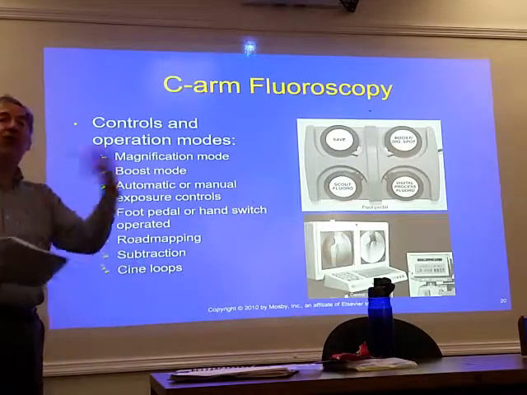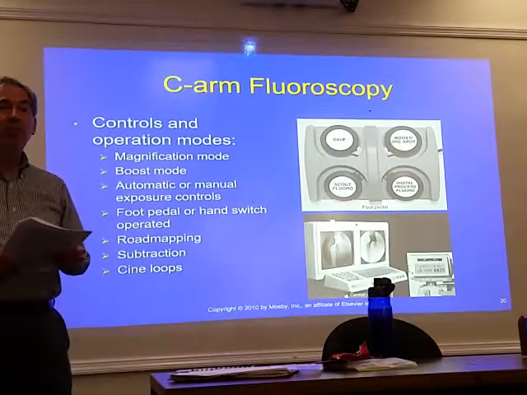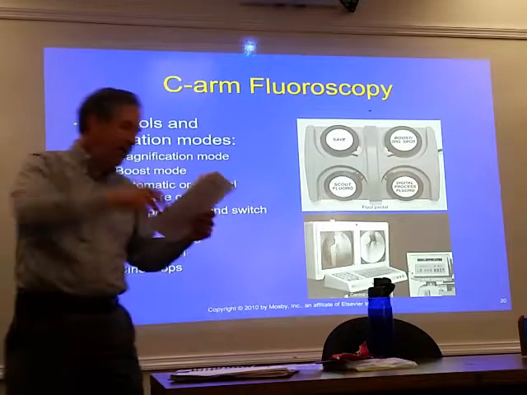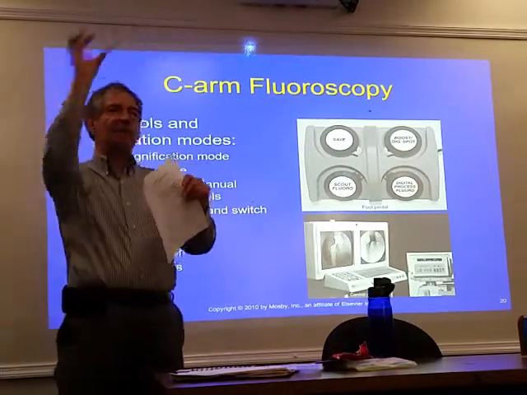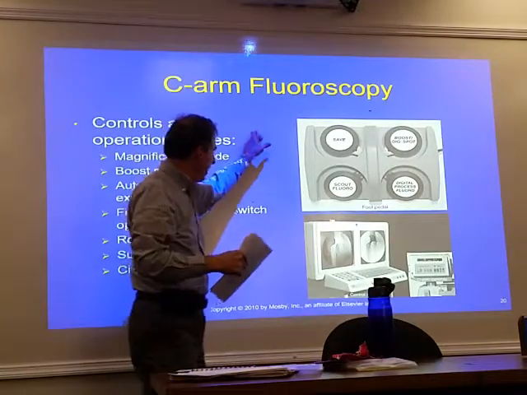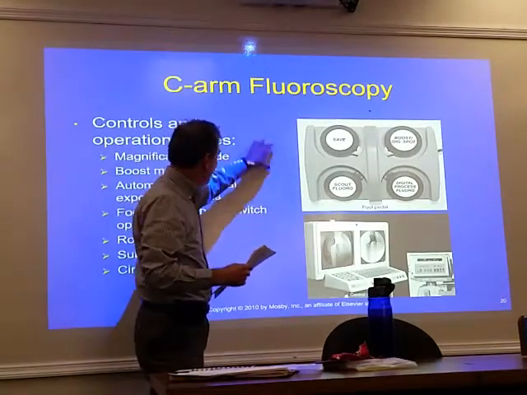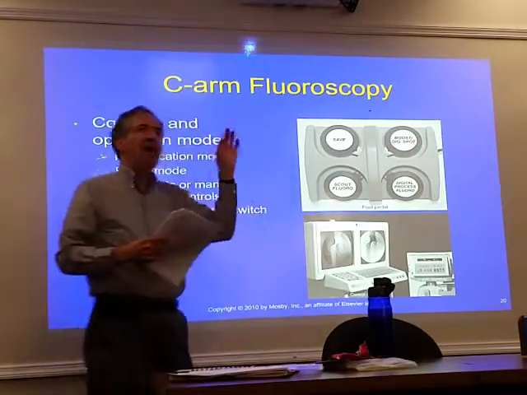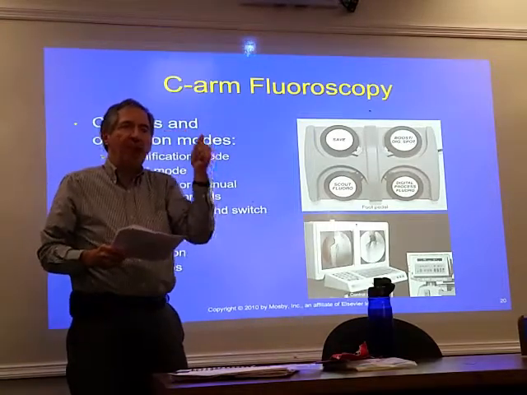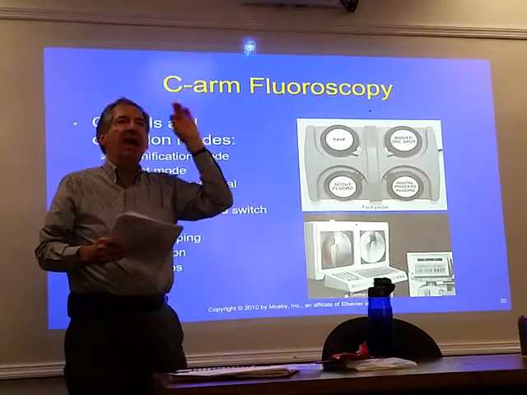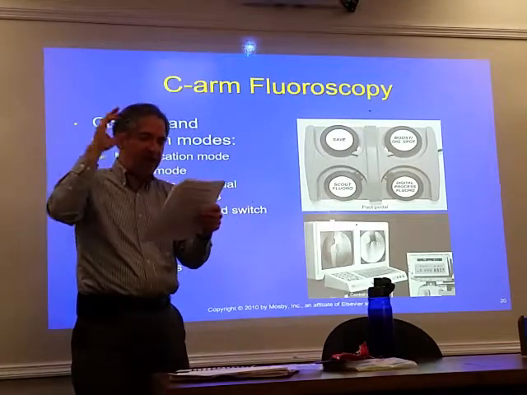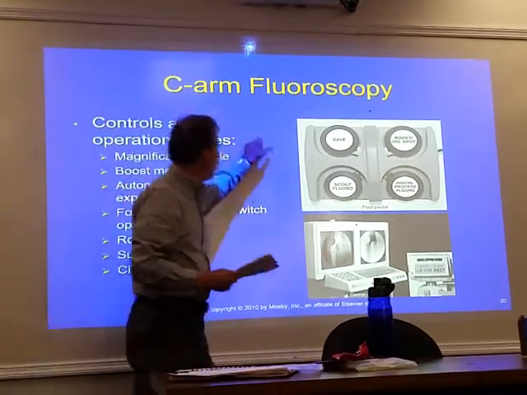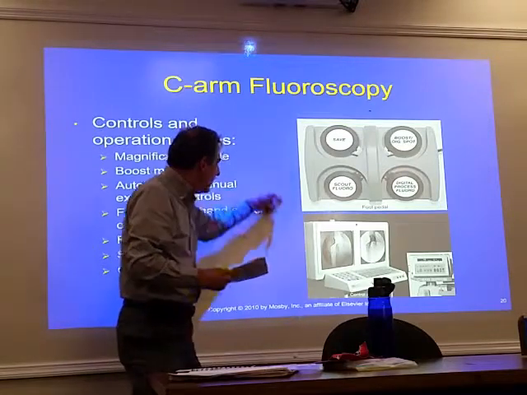Road mapping, has anyone ever seen any road mapping? What happens here is that you're going to be able to see a vessel coming down, like maybe the aorta. When you keep it on road mapping, it'll take it at its greatest opacity throughout the whole thing, so everything is highlighted.